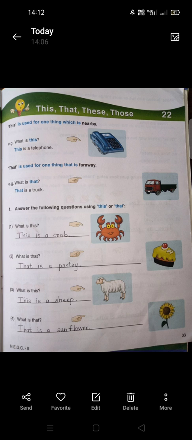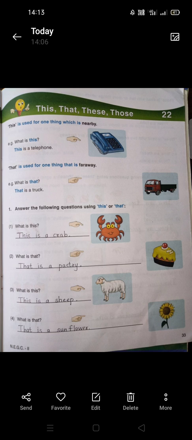And we use the word that when one thing is very far from us. We use this when one thing is near us, and we use that when one thing is far from us.